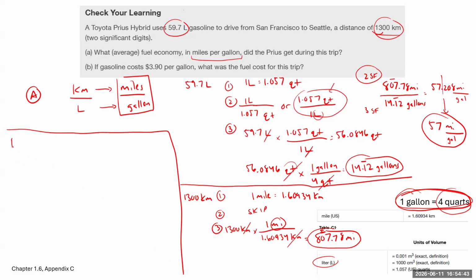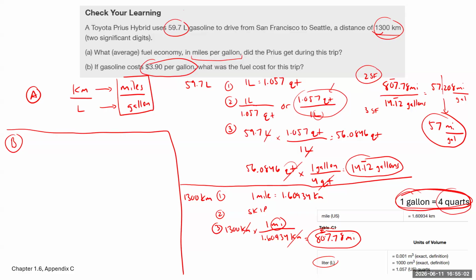Let's do part B over here. It says, if gasoline cost $3.90 per gallon, what was the fuel cost for the trip? So if we're trying to find how many dollars we spent, right?